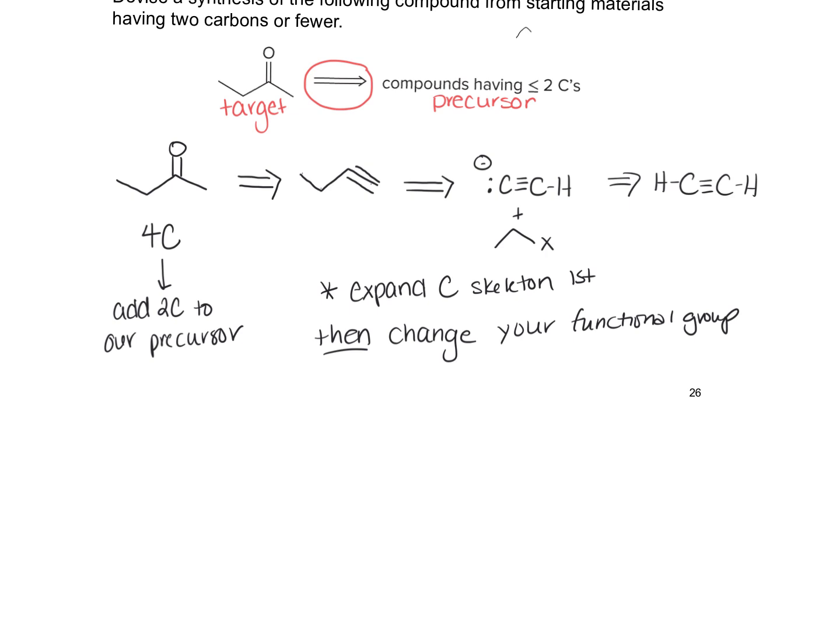So now we need to think about this in the forward reaction. Okay, we are going to start with this guy here, and we are going to add, I'm going to add sodium hydride. Right? You may want the NaNH2. Both of those would be fine.